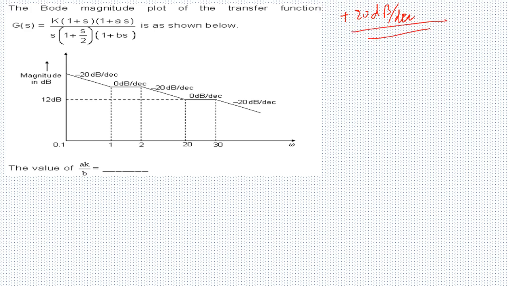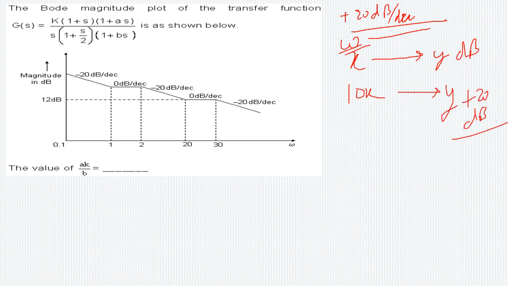Say your frequency is x radians per second and your gain is y dB. A 20 dB per decade slope means that if you go from x to 10x, your gain changes from y to y plus 20 dB.